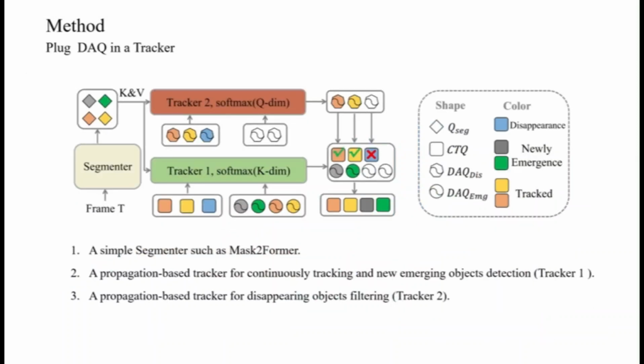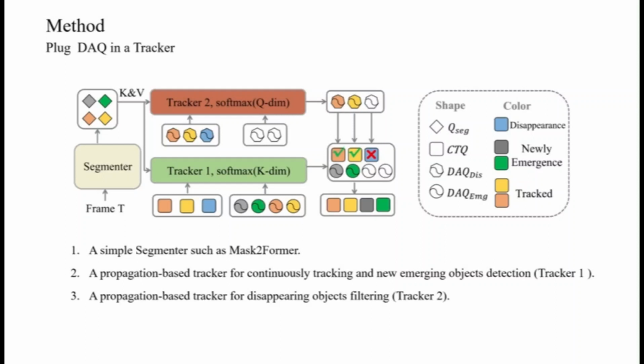Here, we introduce how to plug dynamic anchor queries into a tracker. Firstly, there is a simple segmenter which can be instantiated by Mask2Former. Secondly, we instantiate a propagation-based tracker for continuously tracking and newly emerging object detection, which is named tracker1. Lastly, we instantiate a propagation-based tracker for disappearing object filtering, which is named tracker2.